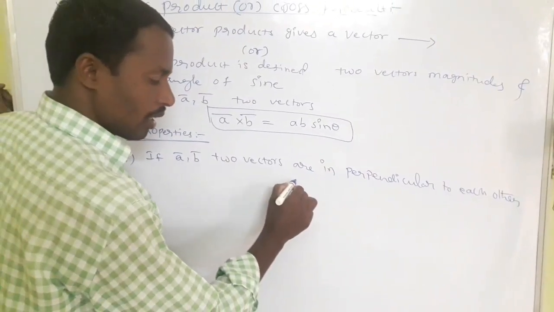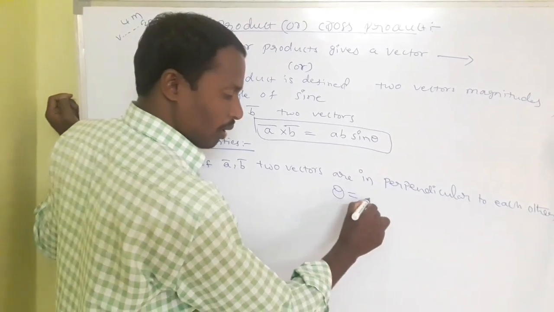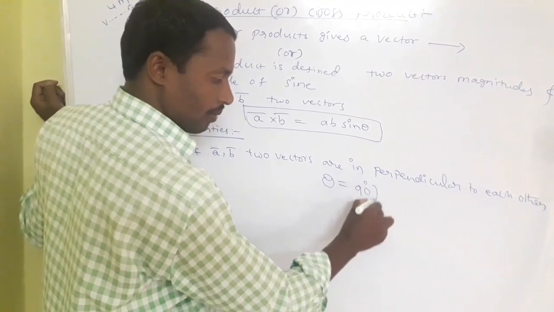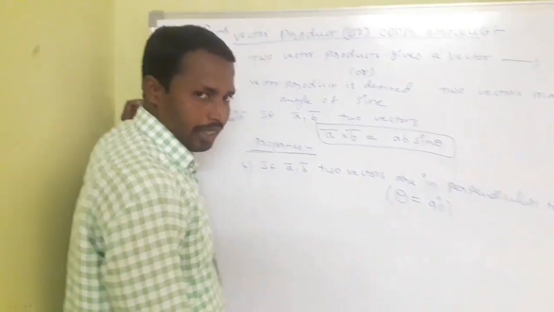Perpendicular to each other is nothing but theta value equal to 90 degrees.